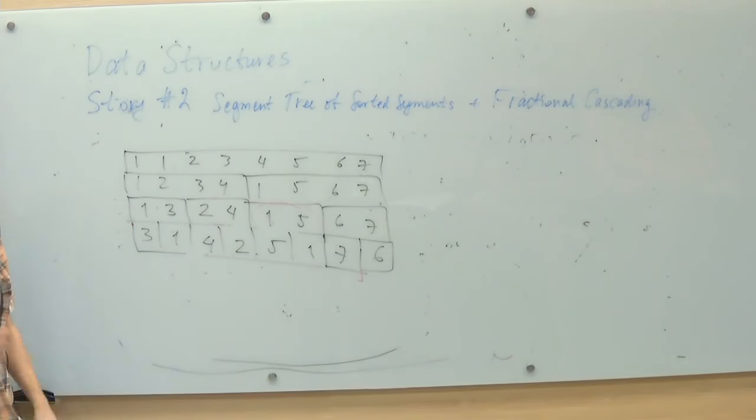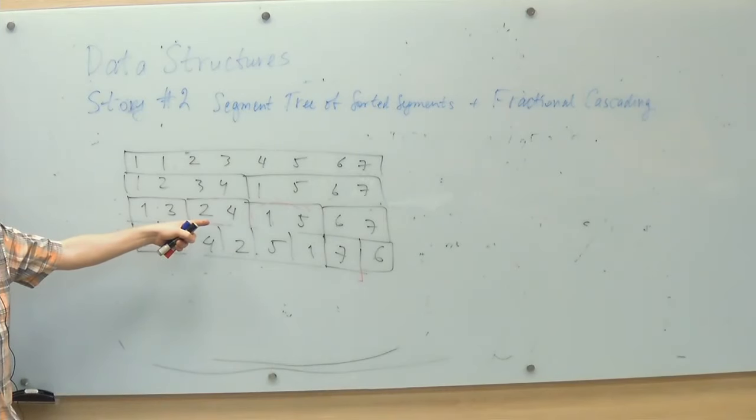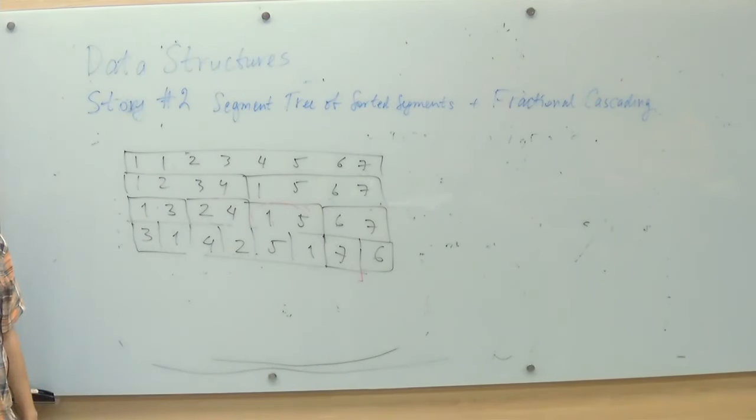So in the segment that this number came from, that would lead to this number again. And in the other one, that would lead to the position where this number would be inserted should it be in that segment.